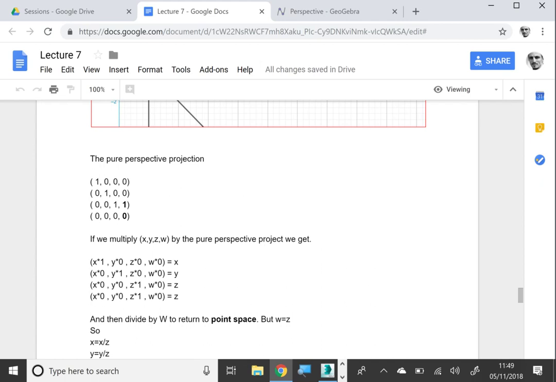So we're multiplying this against a vector, X, Y, Z, W. And we need to know what happens to that vector when we multiply it.